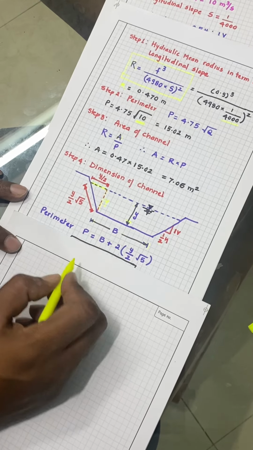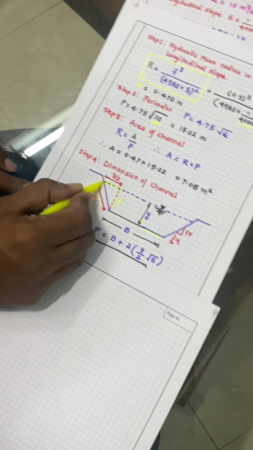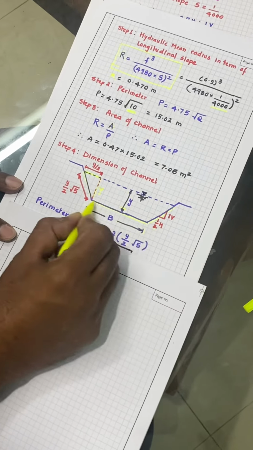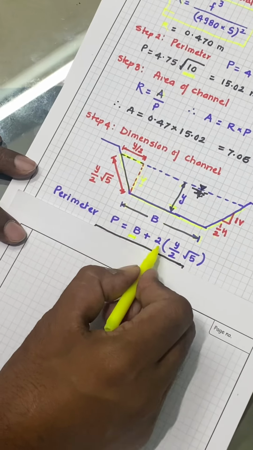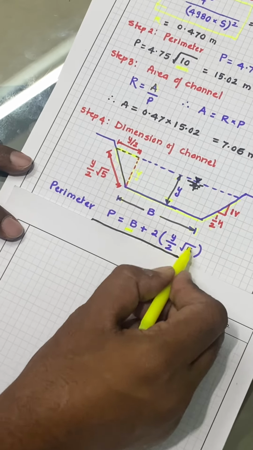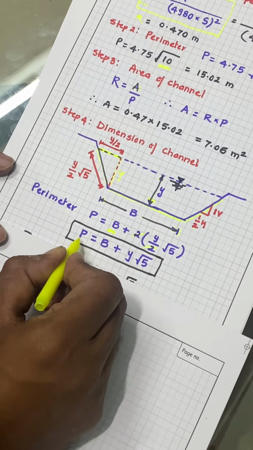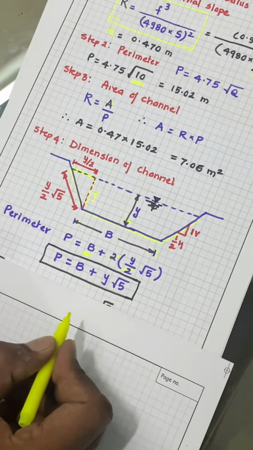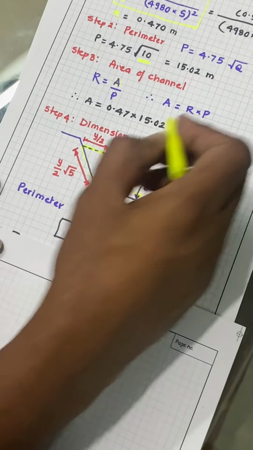And from these we can find out the perimeter. So the perimeter is this B width, this side and this side. So this width is B, plus 2 times these 2 inclined sides. So 2 into Y by 2 root 5. This 2 gets canceled and you will get perimeter is equal to B plus Y root 5. So in this equation the perimeter is known to us.